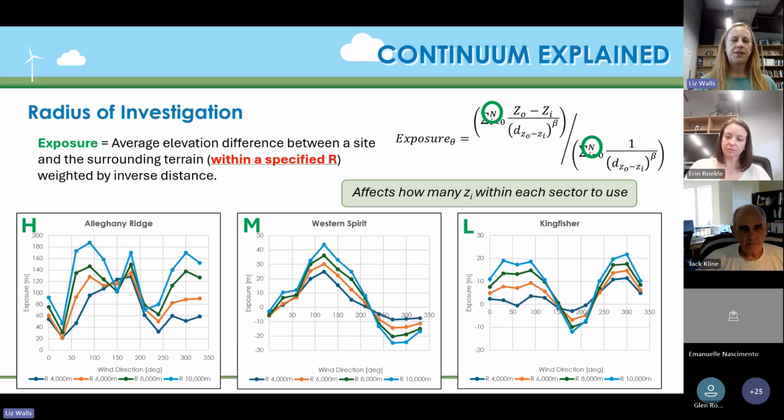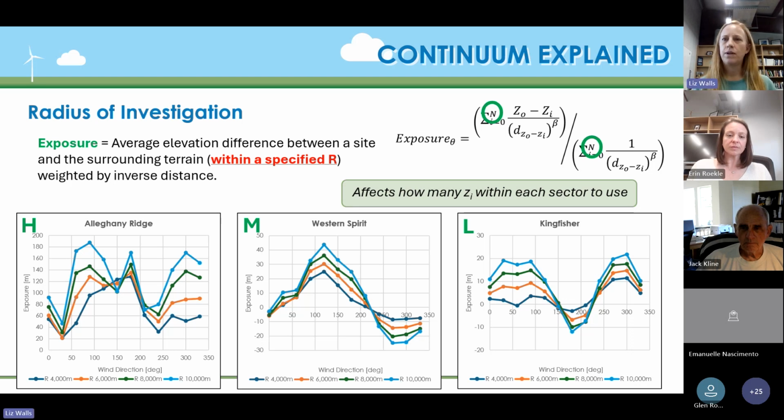Next, here are the results for Western Spirit. By changing the radius of investigation, you still see that positive exposure from 120 degrees and the negative exposure from the west, 270 degrees. But again, with a higher radius of investigation, the magnitude of the exposure is higher than with the lower radius.